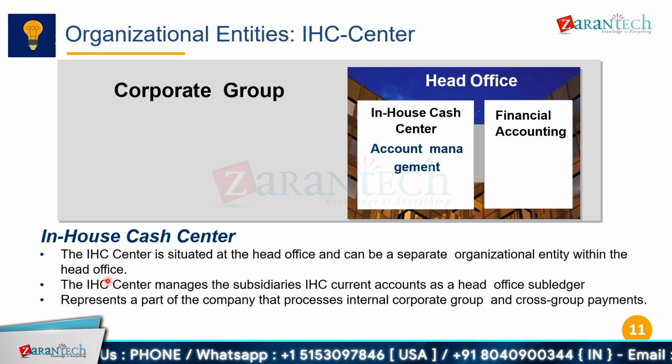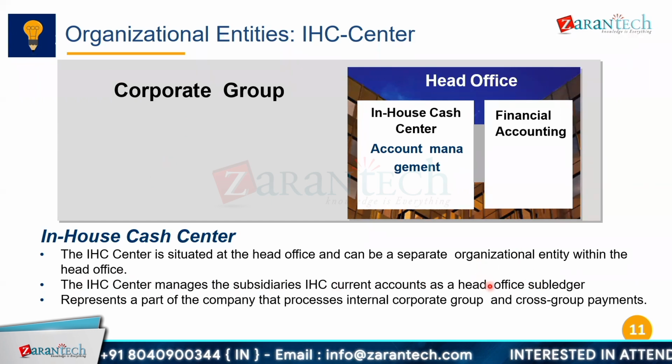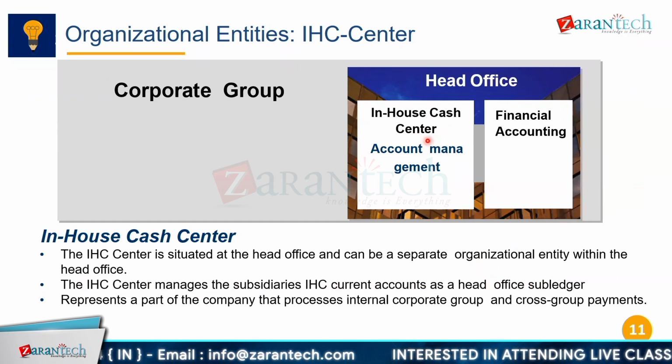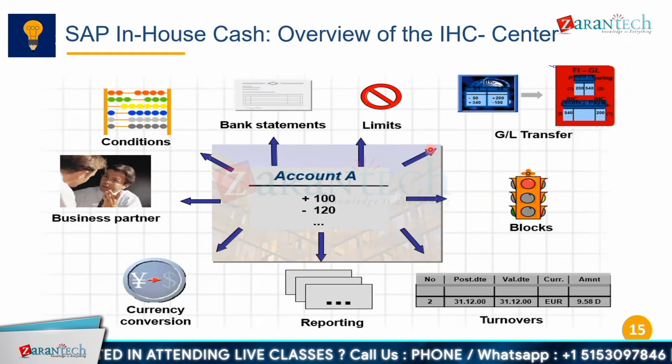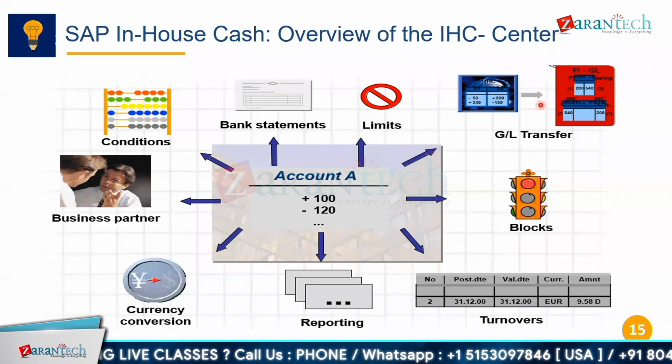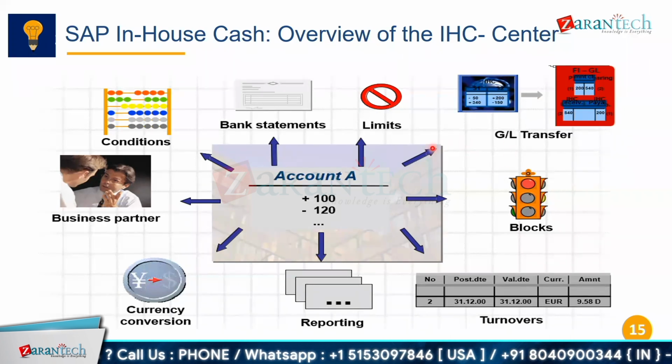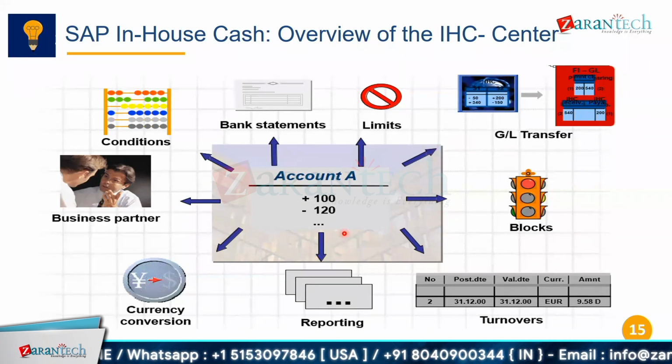You can see here the ISC center manages the subsidiaries, the ISC current account as a head office subledger. So here the head office will manage all this company code wise ledger. This is the way in-house cash works.